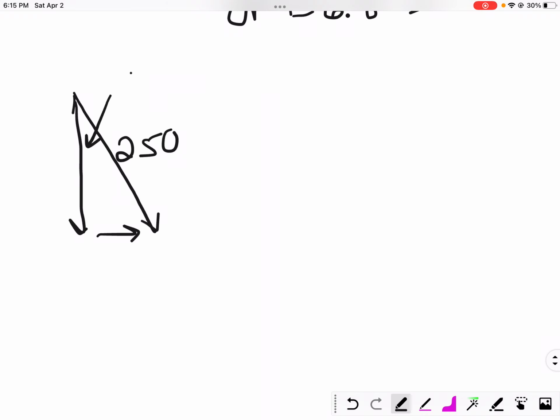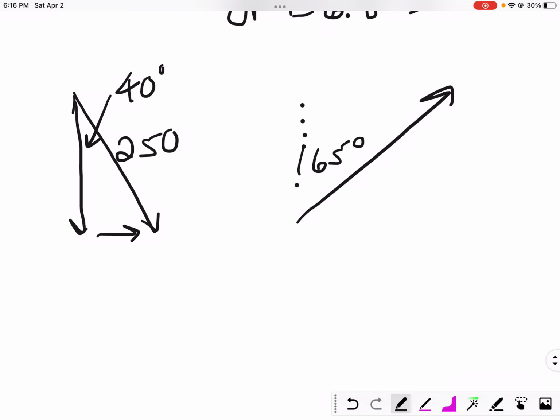And this angle in there is 40 degrees. The other one is going like this, this angle there is 65, that's like going north and east. Notice the first one is going south and east. This one's going north and east.